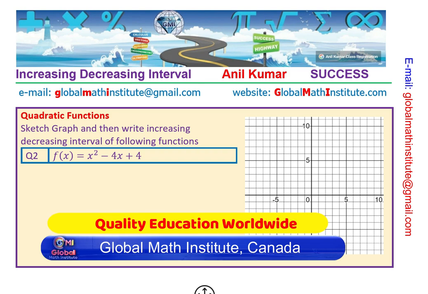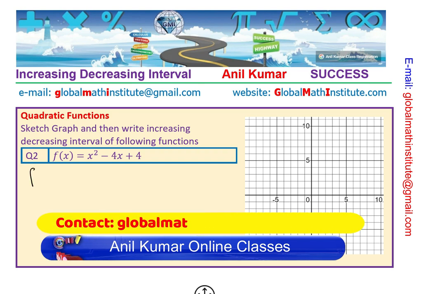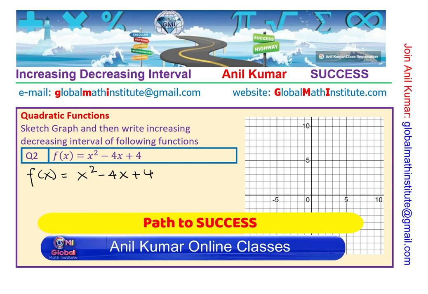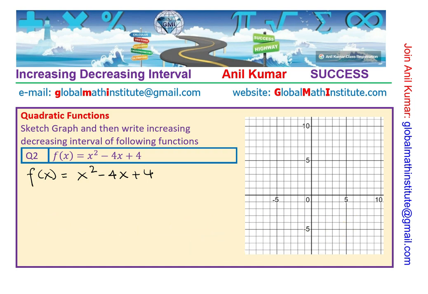This is slightly different as this time the equation is given in standard form. f of x is equal to x squared minus 4x plus 4. Couple of ways to do it. The easiest for this equation will be to factor it. While this is also a perfect square, I can write this as (x minus 2) whole square, correct?